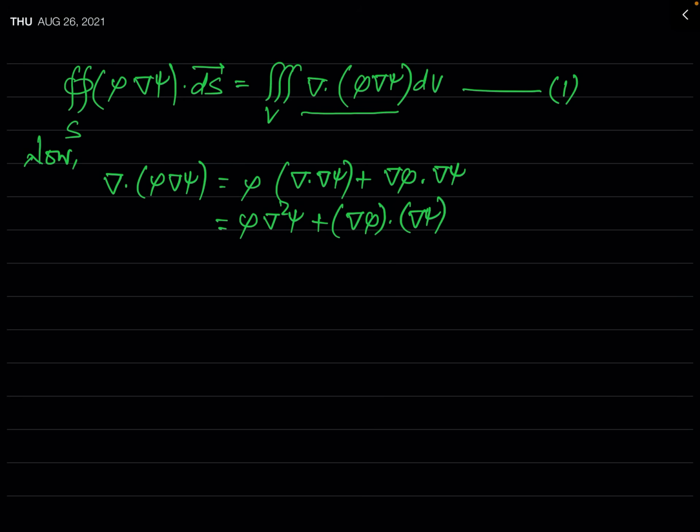And so now we will use this vector identity in the RHS of equation 1.